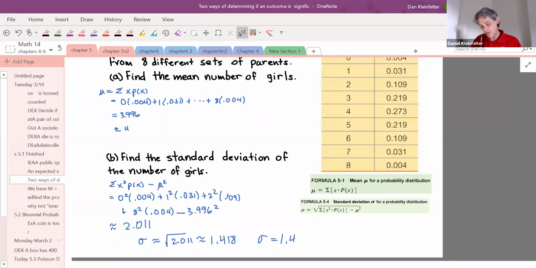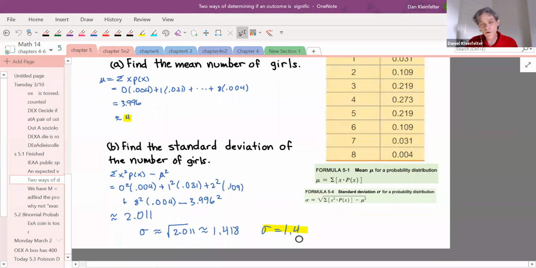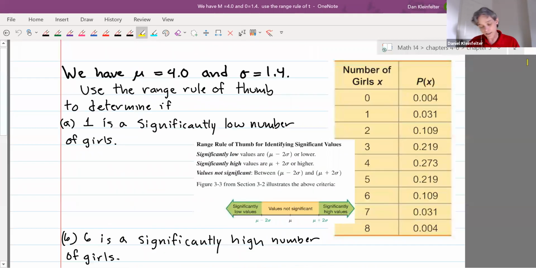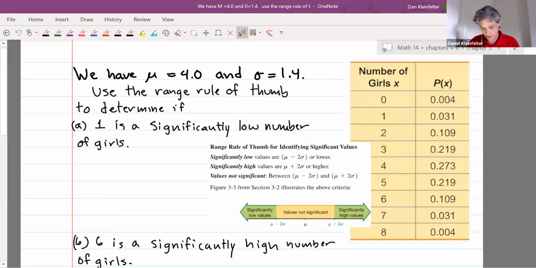All right, so finishing up the calculations, which does take a little while, we ended up with a mean of 4 and then a standard deviation of about 1.4, of course, assuming that we've done some rounding. Okay, so now let's see how we can use that criterion to determine what we'd consider significantly high or significantly low. Okay, so this slide shows basically a repeat of what we just saw.